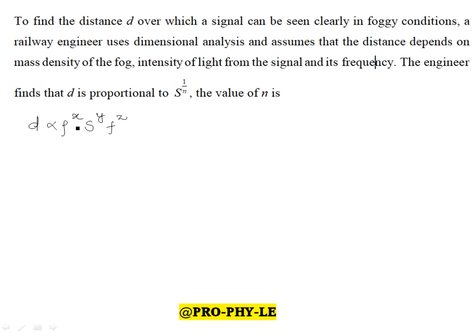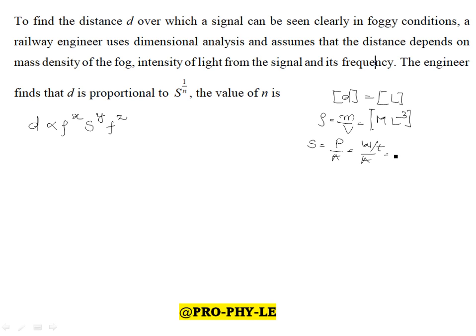Now you have to write the dimensional formula for all these. Of course you all know distance will have dimensions of length, and density is nothing but mass by volume, so that it will have dimensions of M L power of minus 3. Intensity is nothing but power per unit area. Power is work done by time taken.